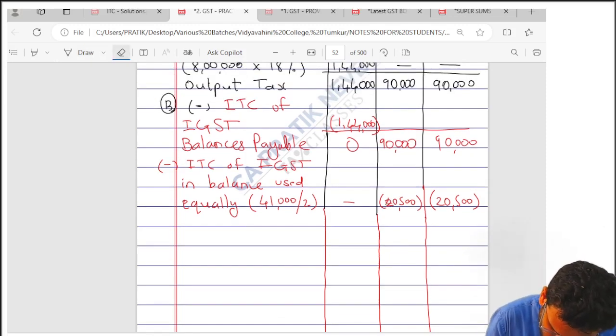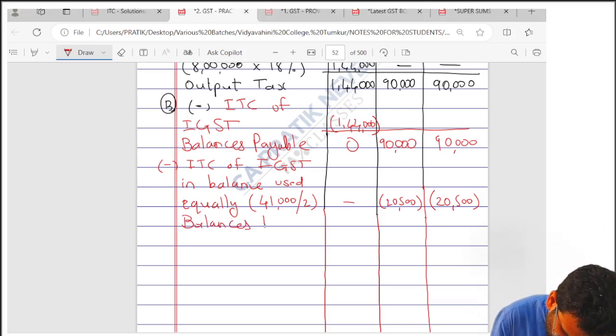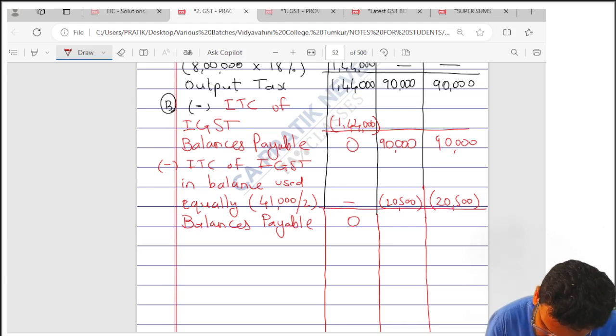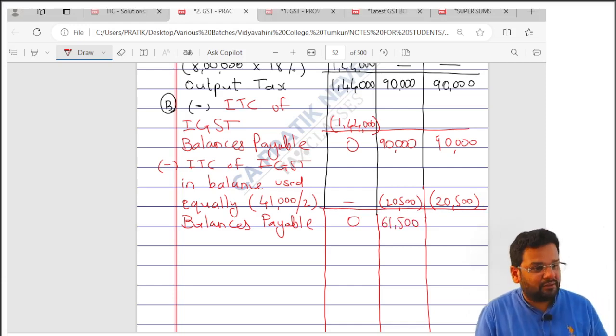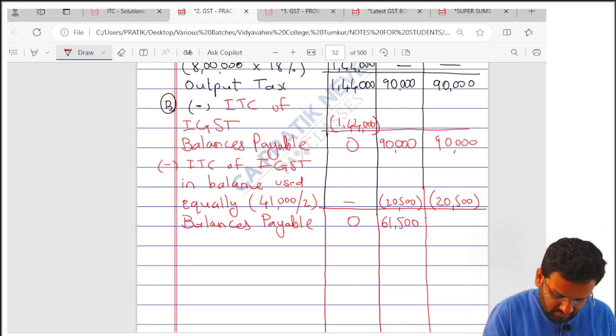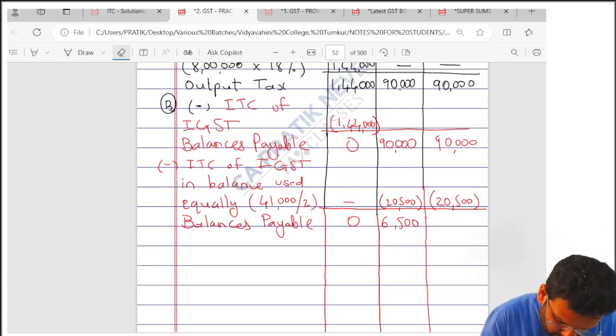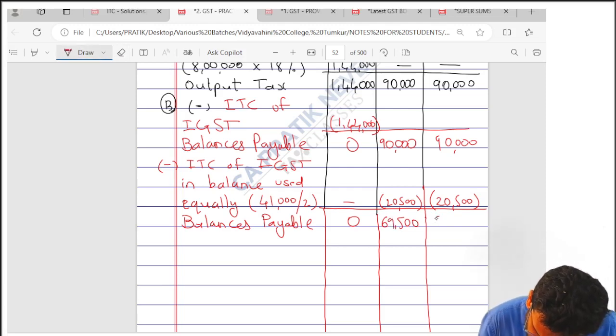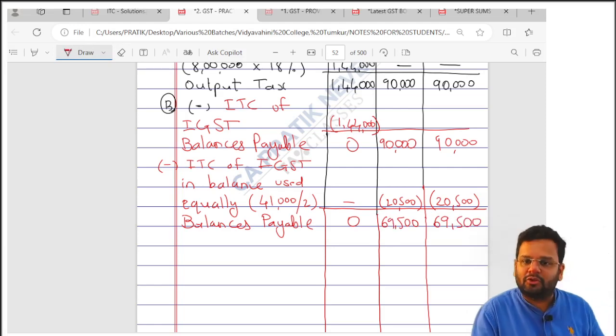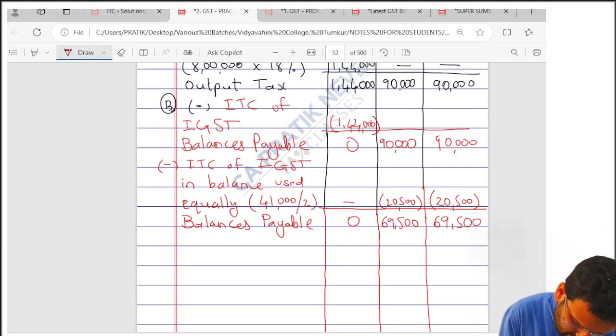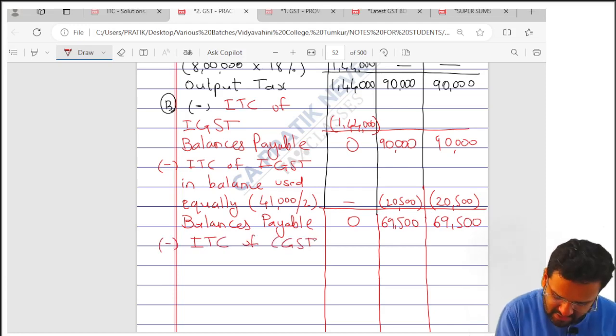Chalo, so you have used it this way, 20,500 each. So what do we do now? Can you tell me balances payable? Balance GST payable, nil, 61,500. Sure? Sorry, 69,500 and 69,500. Do you agree? Less ITC of CGST.